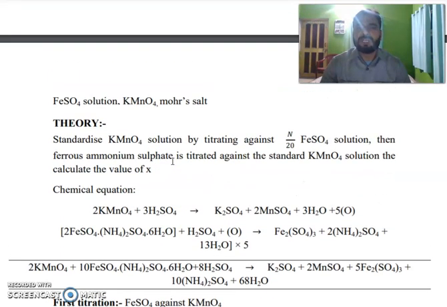What is the theory behind it? Standardize KMnO4 solution by titrating against N by 20 ferrous sulfate solution. Then ferrous ammonium sulphate is titrated against the standard KMnO4 solution and then calculate the value of X.